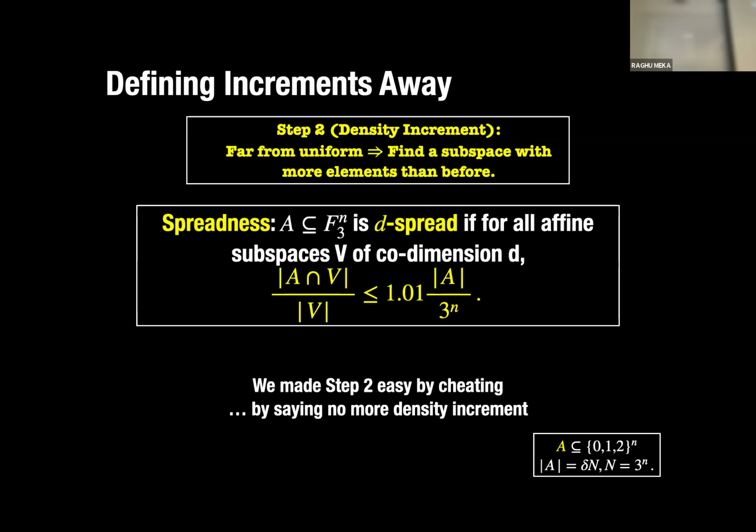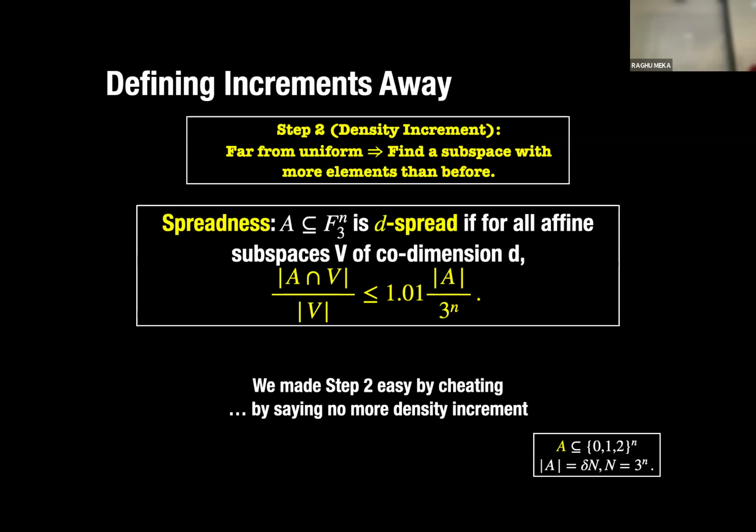We'll say the set A is D-spread if for all affine subspaces V of codimension D, meaning I have at most D constraints, the density of A restricted to that subspace is no more than a constant times the overall density. So if it's 1.01 times the original density, which was delta, let's say.